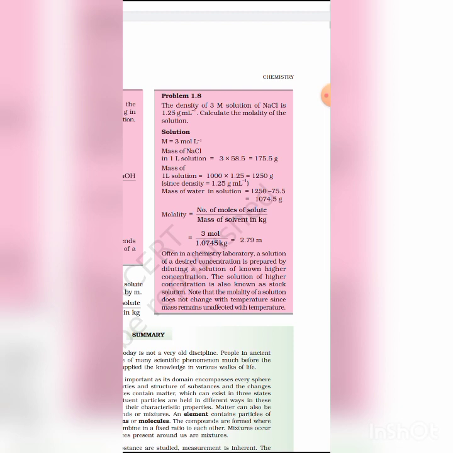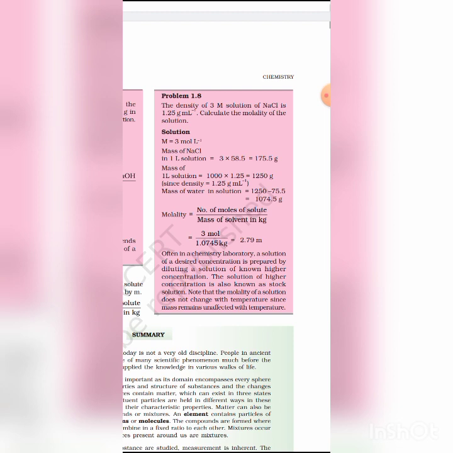Now we convert 1 liter of solution, 1.25 gram per milliliter of sodium chloride. So in 1 liter of solution it present 1000 into 1.25, okay, and it will be 1250 gram.